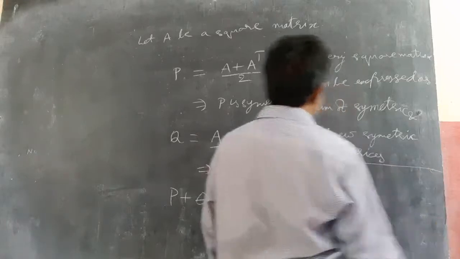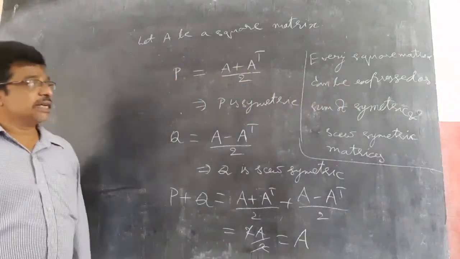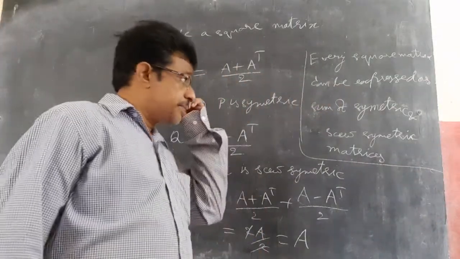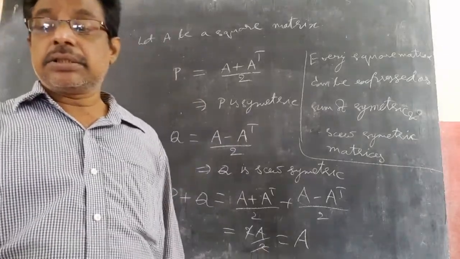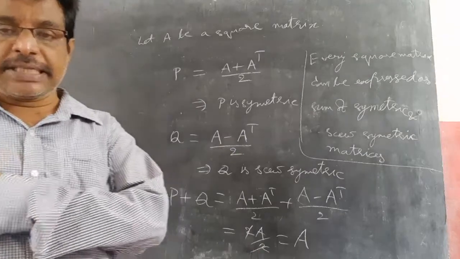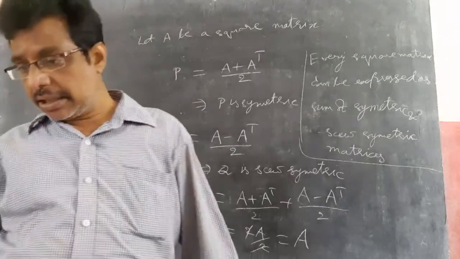Every square matrix can be expressed as the sum of symmetric and skew symmetric matrices.